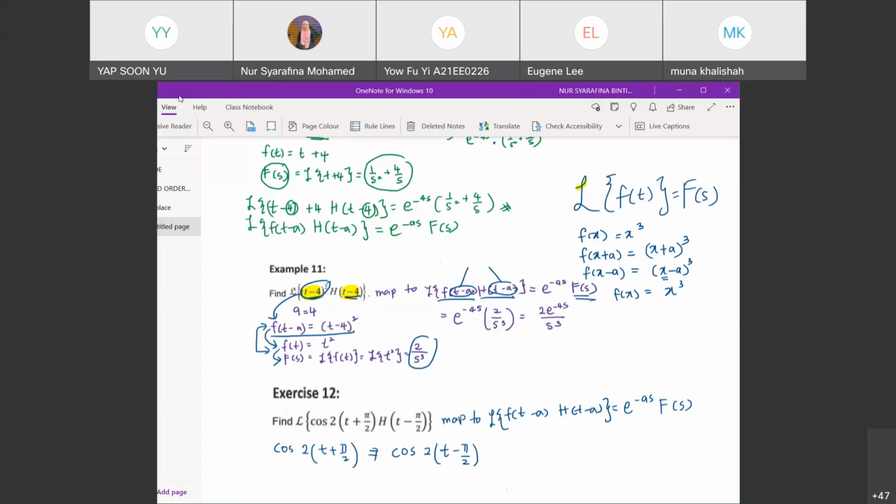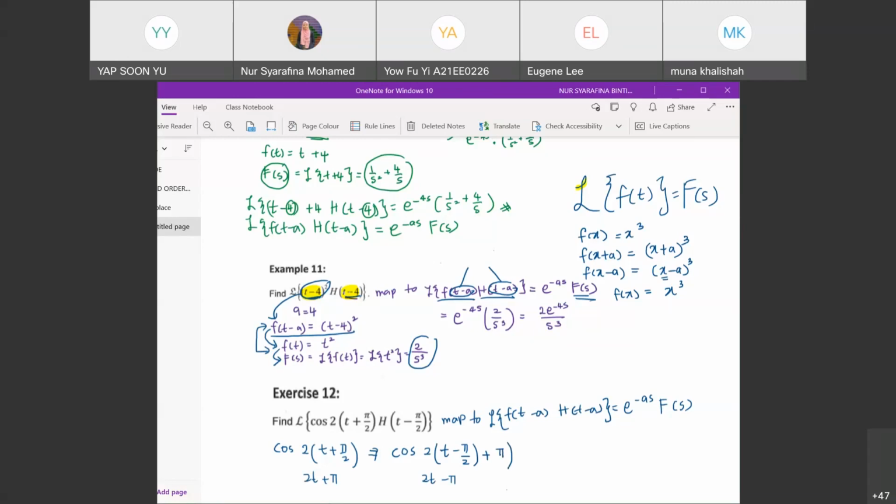So this one, if you expand, will become 2t minus pi. But you need to have 2t plus pi. So what you need to have here is plus with pi, right?